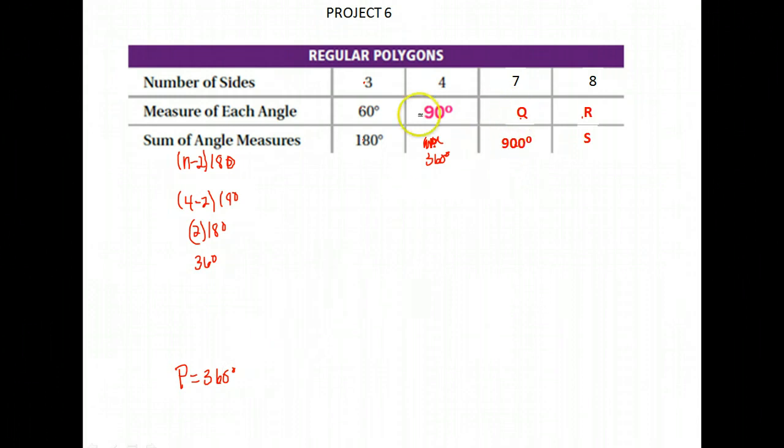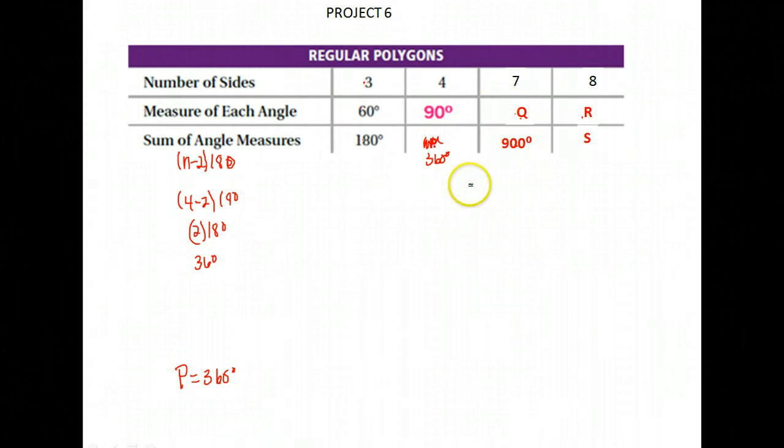Okay. Next, we have Q, which is missing. It's for a 7-sided figure. Okay, so for a 7-sided figure, they already found the sum of the measures for me. It's 900 degrees. Well, how do I know how much each angle is going to be? Because that's the part that's missing, is the measure of each angle. Well, this is a regular polygon, so all the angles are the same.